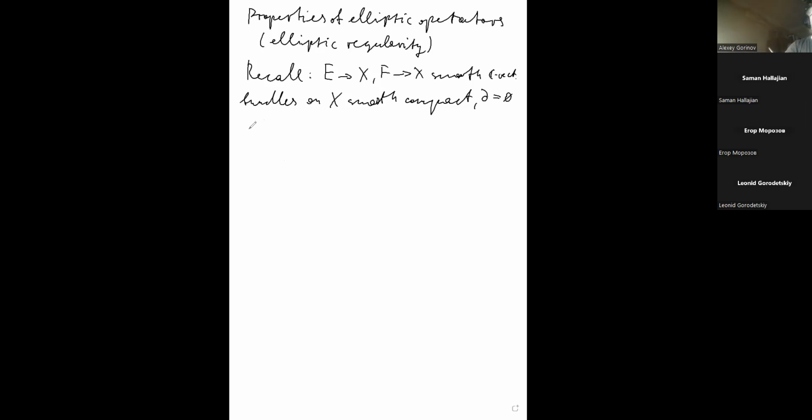Now D, from smooth sections to smooth sections, is an elliptic operator.